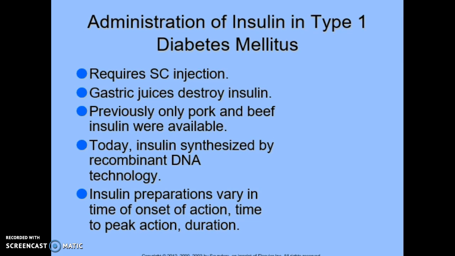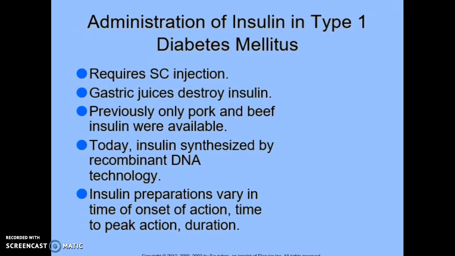So administration of insulin in type 1 diabetes, it does require a subcutaneous injection. So we haven't done all of our lessons on injections. That will be next semester. But subcutaneous is into the subcutaneous area of the skin. And gastric juices destroy insulin.